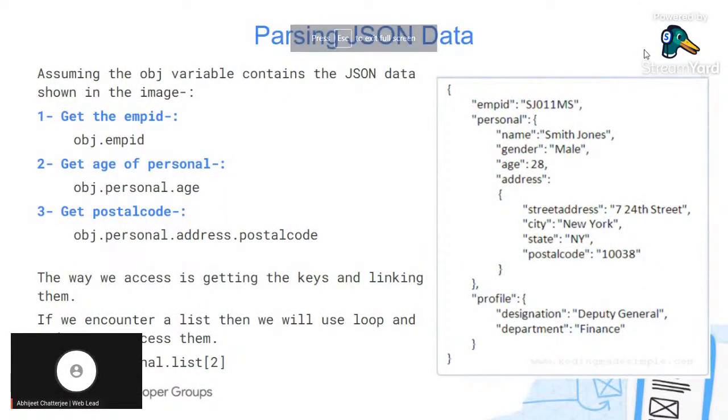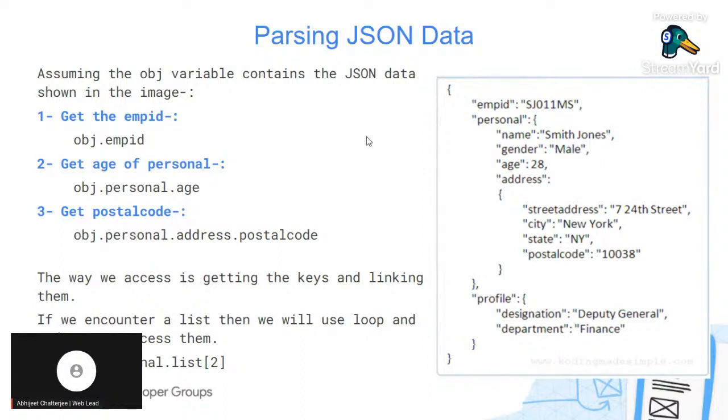Let the PPT screen be visible. Assuming you want to access the postal code of the JSON object, you will go with obj.personal.address.postalCode, as mentioned here.